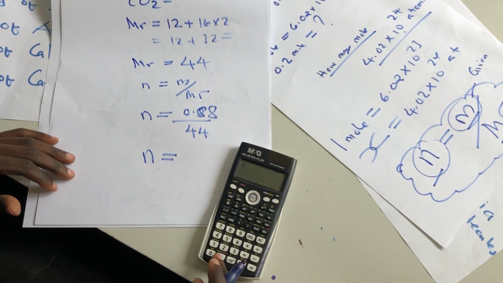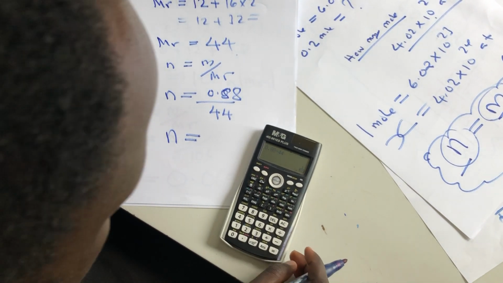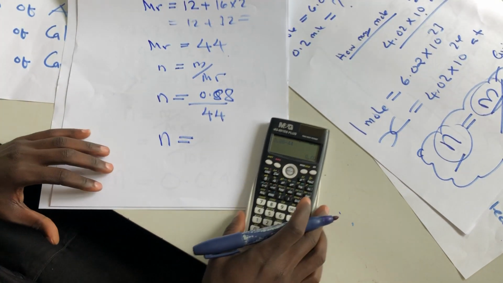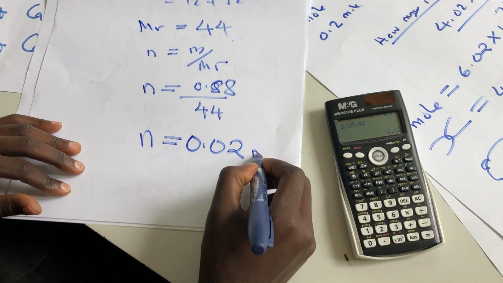you take 0.88 and divide by 44. You will get 0.02 mole.